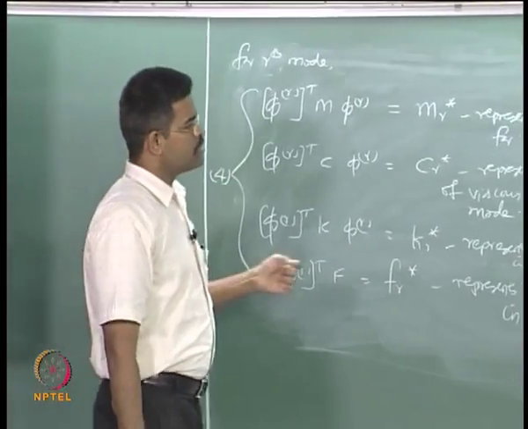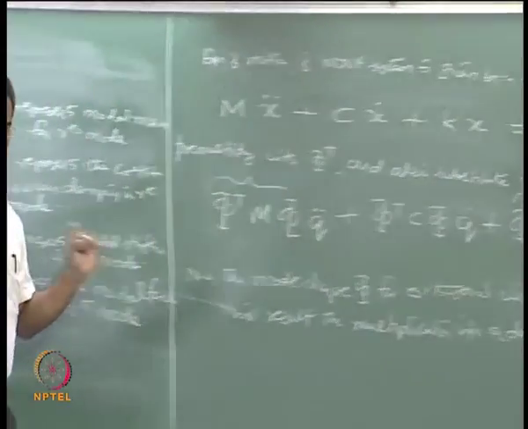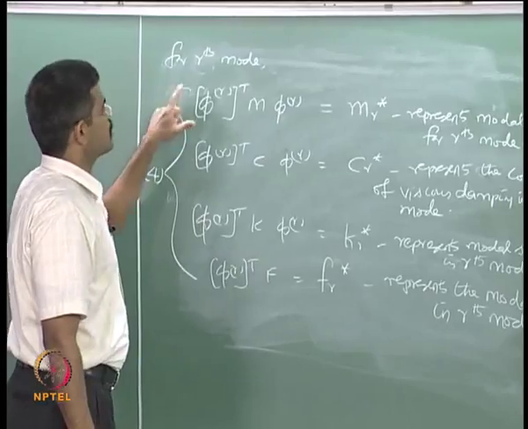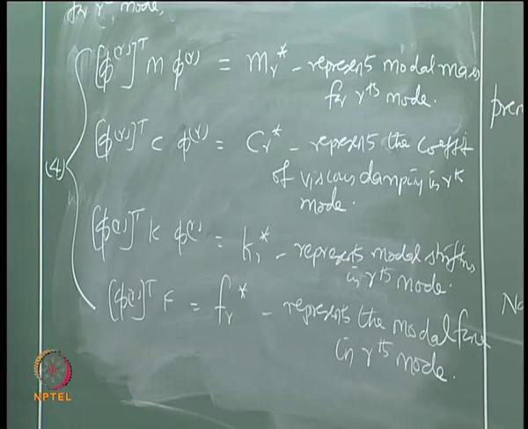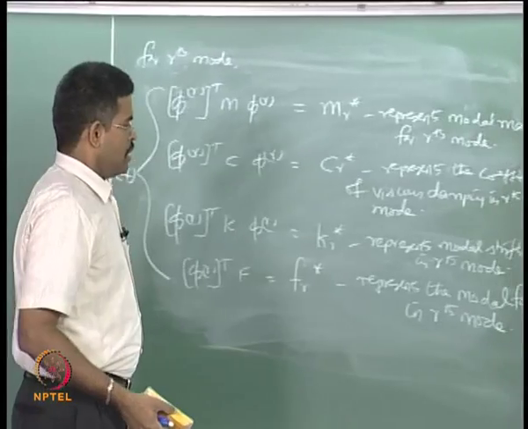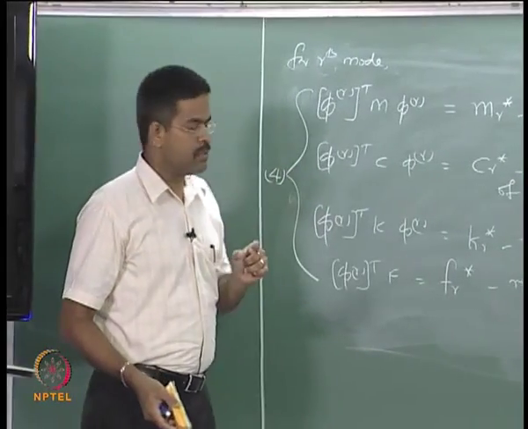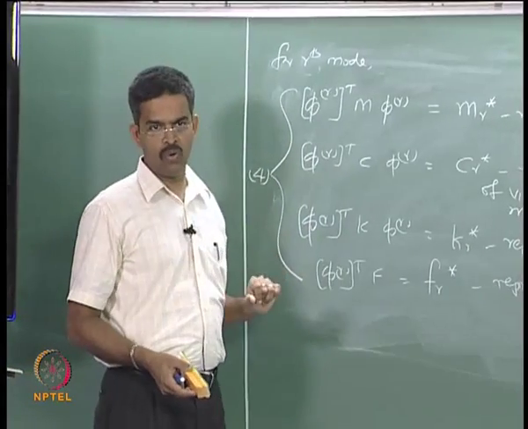What I have done is, from equation 3, I just wrote a typical equation at an rth mode and see what is happening to each one of the terms. I will now apply a special condition to this set of equations 4 and see what happens.